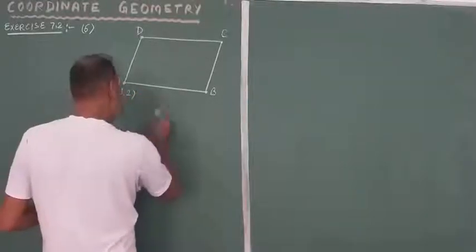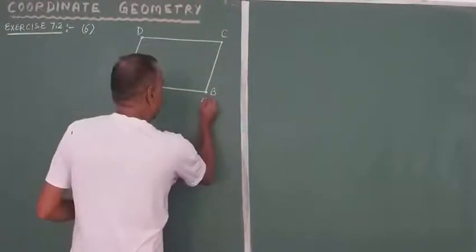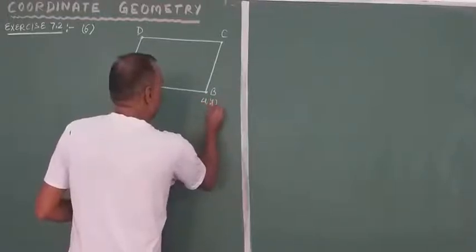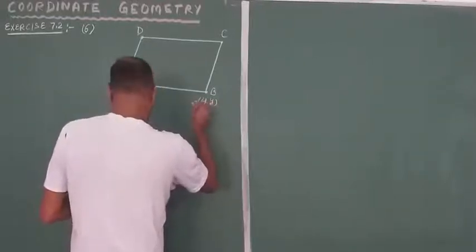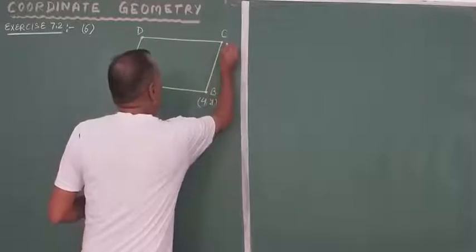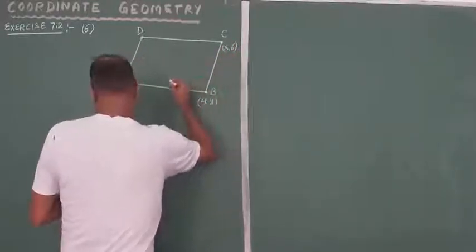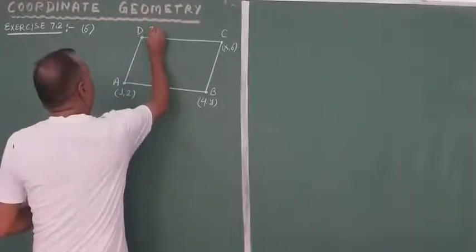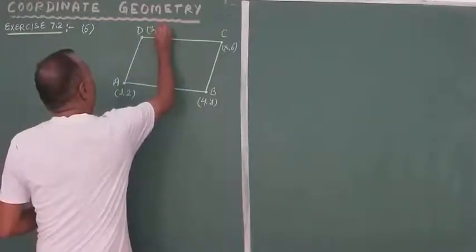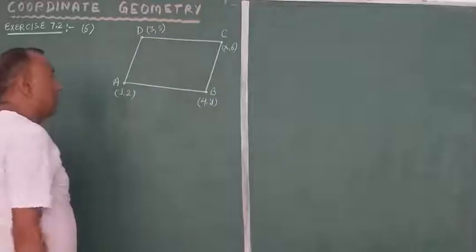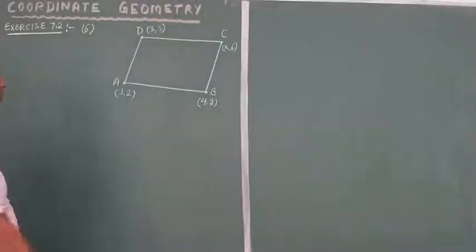First you will write A, then (4, y), again (x, 6) and the last one is (3, 5). These are the vertices of a parallelogram and you have to find the value of x and y.